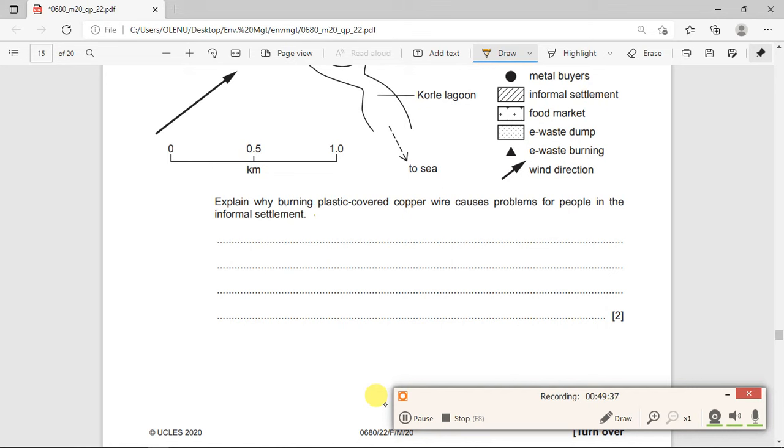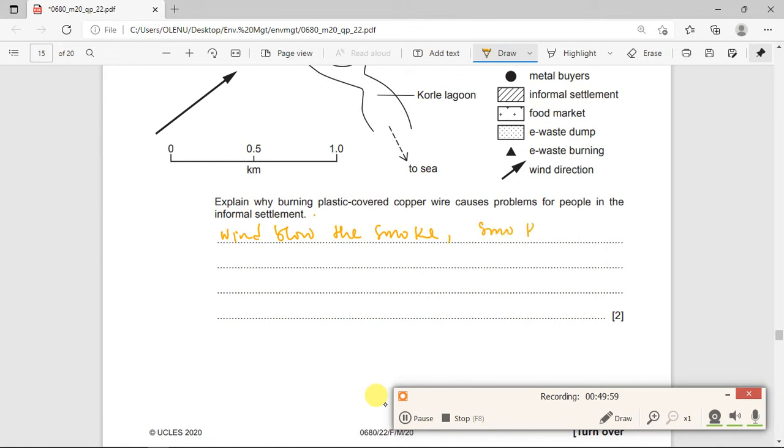Because wind will blow the smoke from the burning, so the smoke will cover a large area, and also cover the informal settlement.